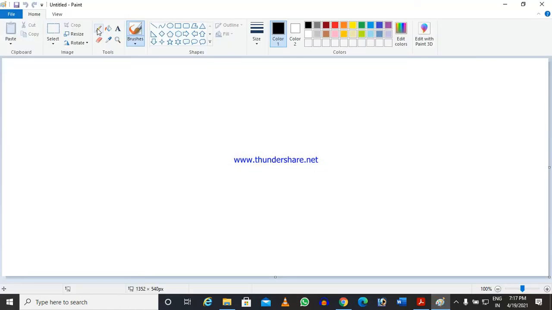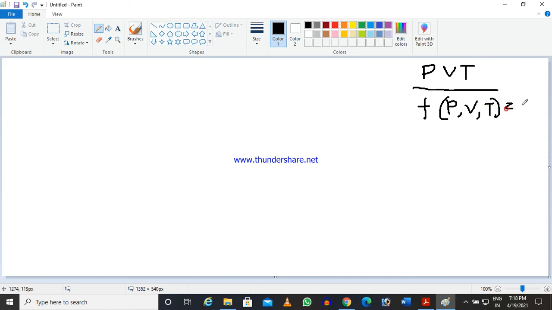So the problem is, the thermodynamical parameters P, V and T are connected with a relation that f, a function of P, V and T, is equal to 0.